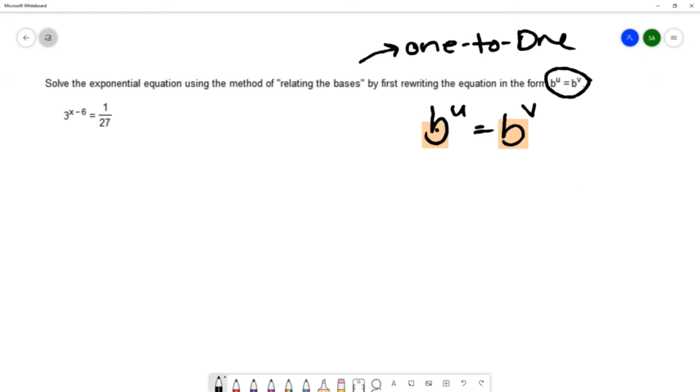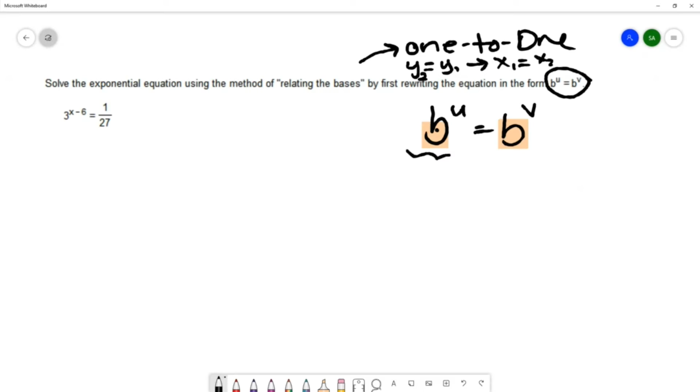The one-to-one property doesn't just apply to exponential functions, it applies to many types of functions. But what it tells us is that if we have two y values that are equal to each other, then those x values must be equal to each other. And that's what we're going to use once we've written the equation in this form.